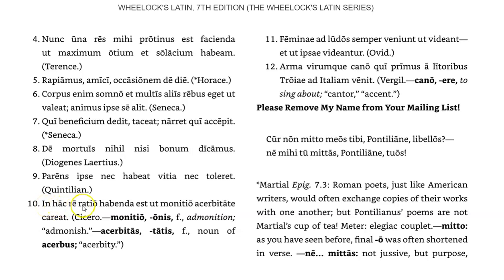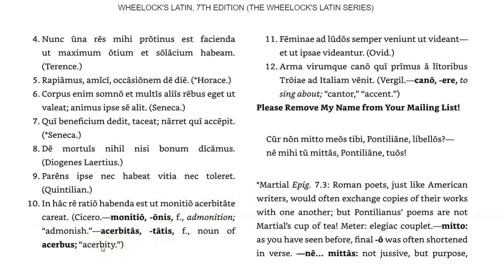So in this matter, reason is to be had. In other words, if you use reason, then the admonition, what is an admonition? It's a kind of reminder that someone either is or is not doing the right thing. Then the admonition will not be without acerbity.